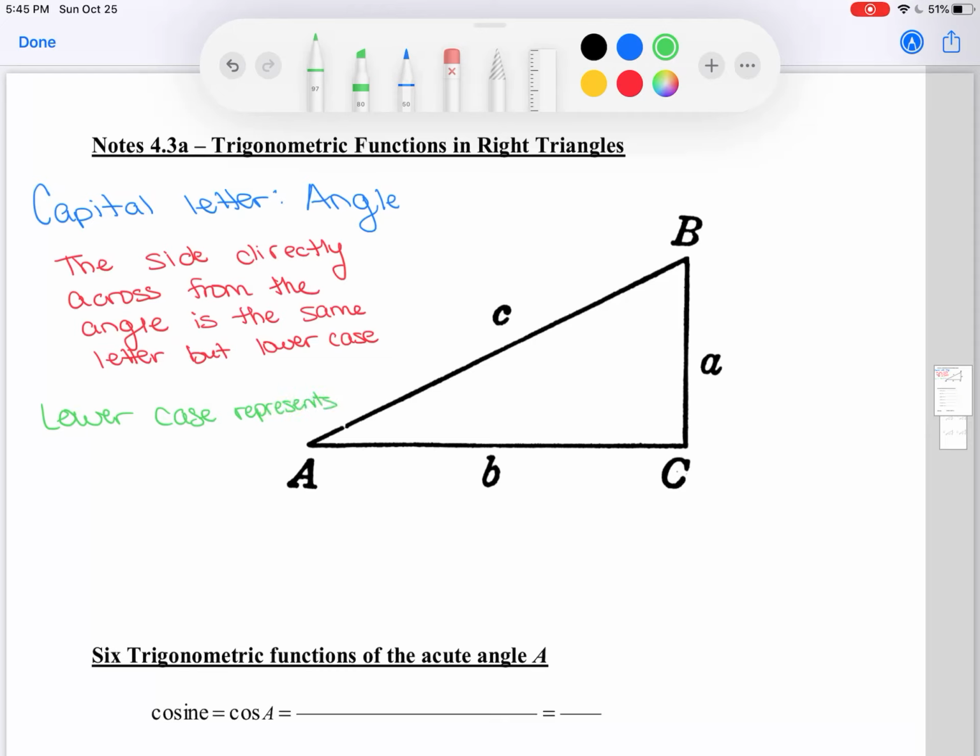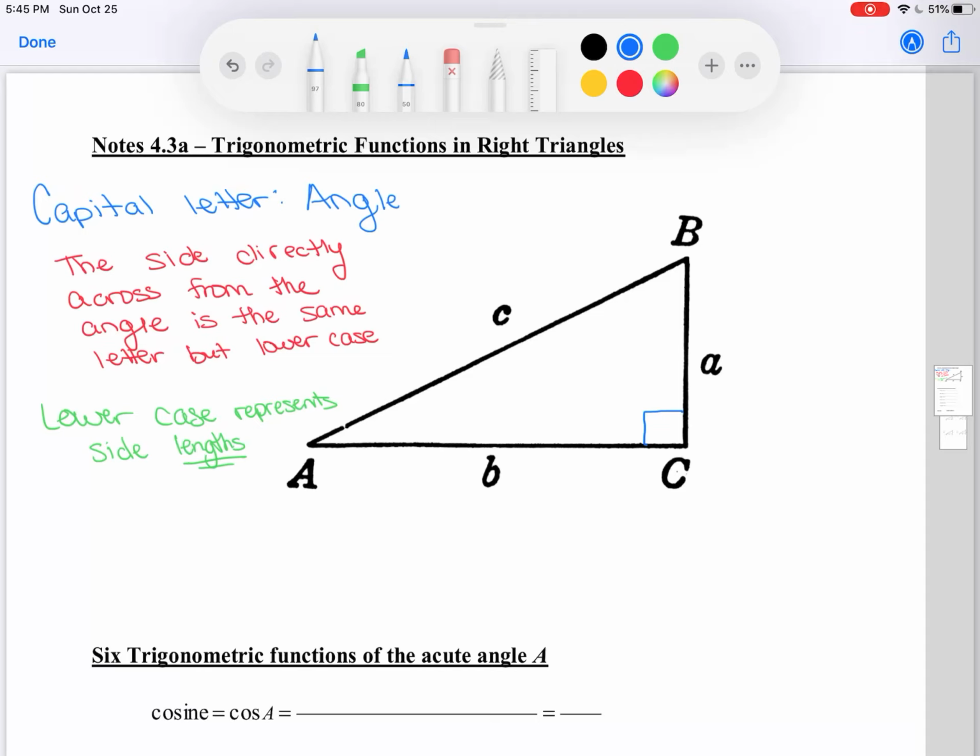So lowercase letters talk about the sides, the side lengths, whereas the uppercase, the capital letters, are going to represent the angles.